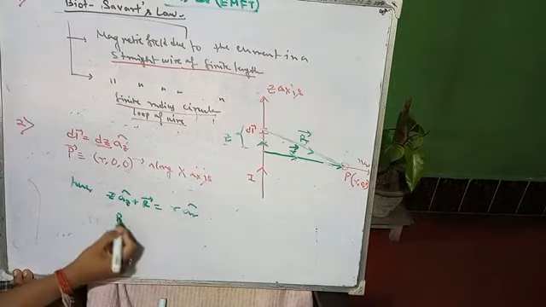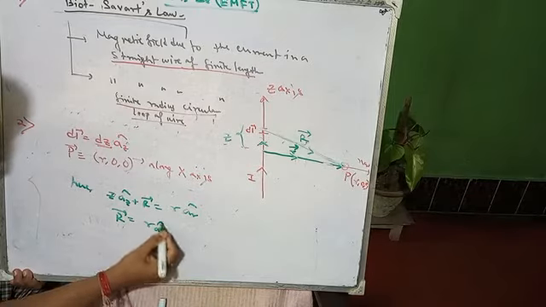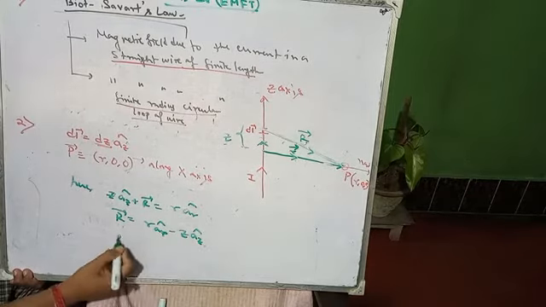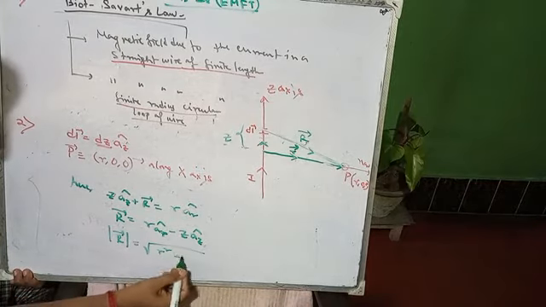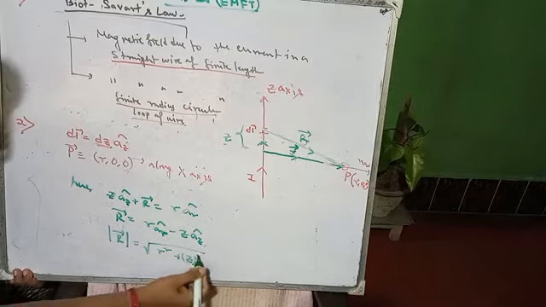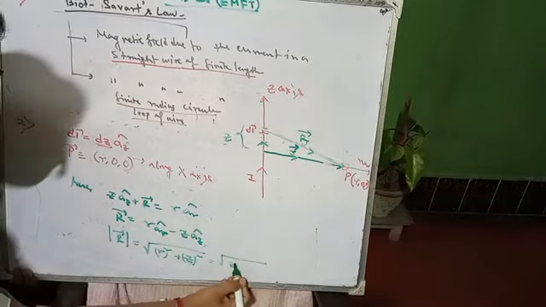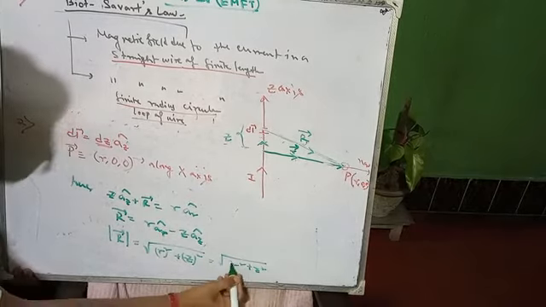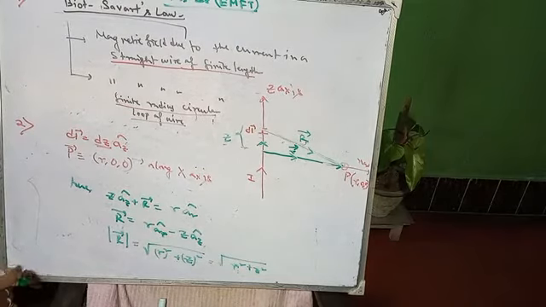So this R vector can be written as r ar cap minus z az cap. The modulus of R vector equals root over r square plus z square. After squaring we have r square plus z square.